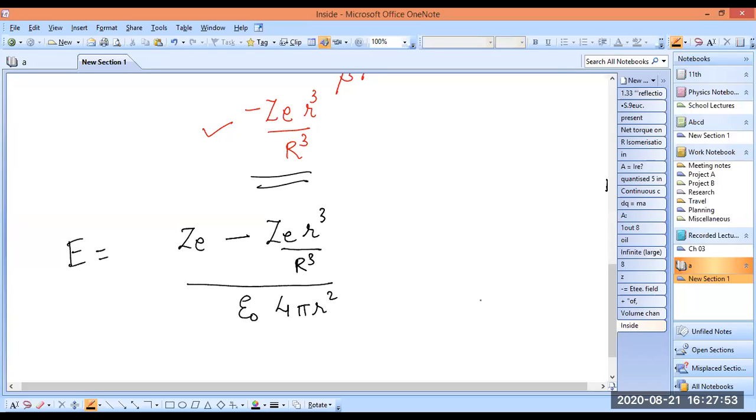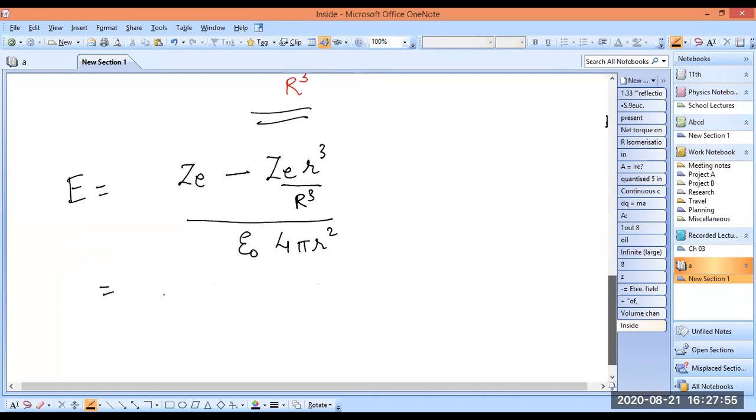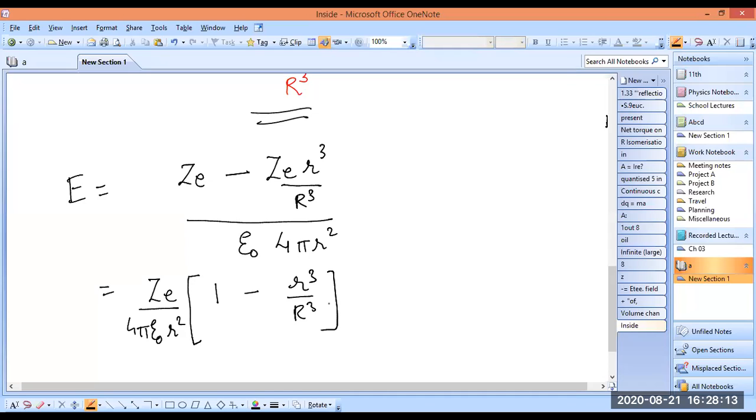So at the most I can take Ze common. If I take Z common, I will get 1 minus small r cube by capital R cube, and then the whole thing is divided by 4 pi epsilon 0 r square, right?